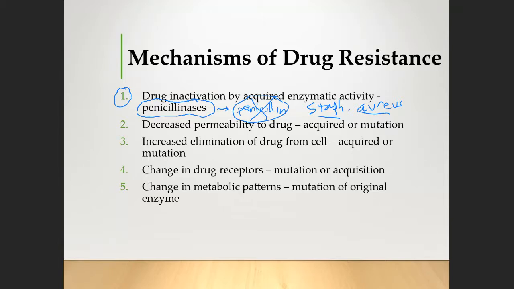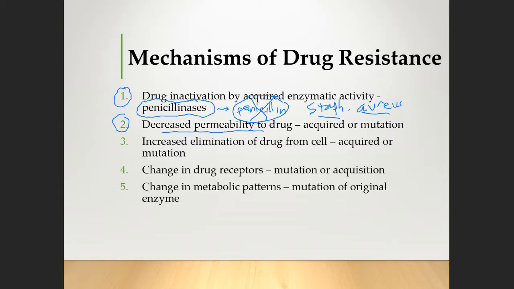Another process may be by decreasing the permeability of the drug. It means that some bacteria that have resistant gene are able to produce proteins that will block the entrance of the drugs. So, for example, if we take the drugs, then this drug will not enter into the bacterial cell because of this action. Okay?